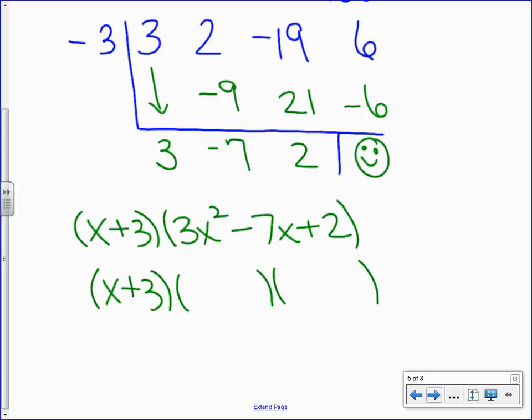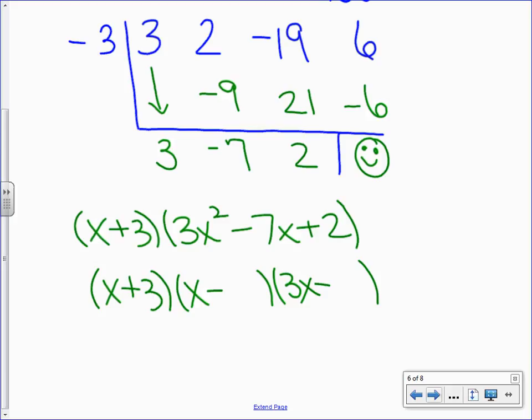Well, we know to get 3x squared, we need an x and a 3x. Since this is a positive 2 and this middle term is negative, what does that mean about these signs right here? Both negative to multiply to get the positive 2. We can only get 2 by 1 times 2. Where should the 1 go?